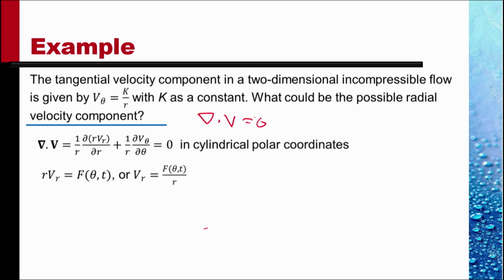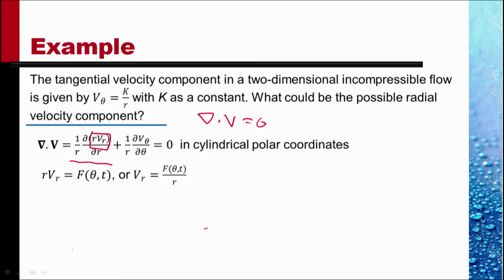And since v theta is a function of r alone, not of theta, the second term is 0. That means r Vr is independent of r. This means that r Vr must be independent of r. It should not change with r.